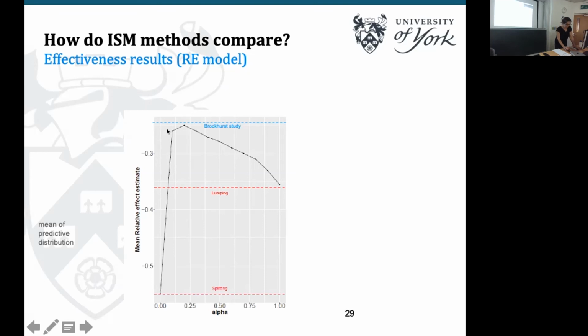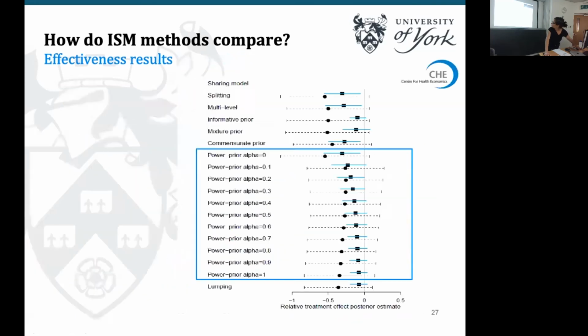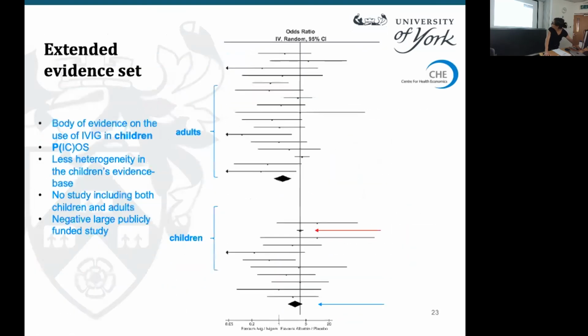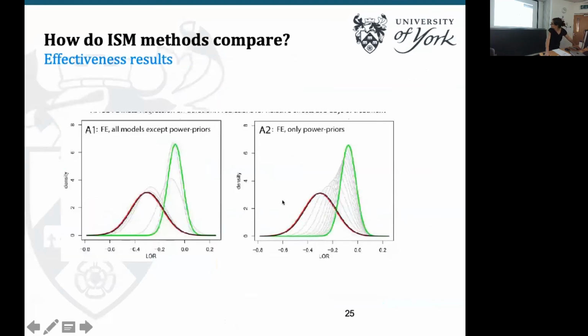That's precisely because of this large study here. The power prior, at an alpha of 0.2 or 0.25 or so, is drawing inference towards the result of this study. It's attributing it a really high weight and a really low weight to the remaining studies.